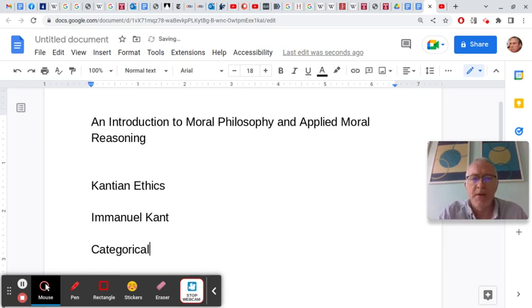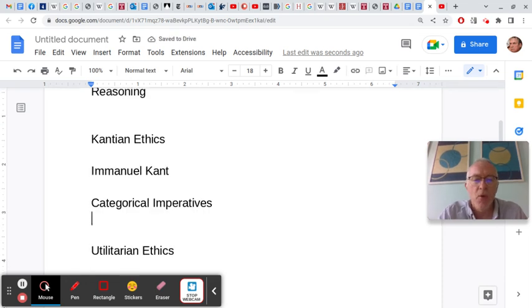Kant is most famous in moral philosophy for his idea of these categorical imperatives. That's a term that you will definitely understand by taking this course. Categorical imperatives are basically moral rules, not oral rules. It's rules about eating.